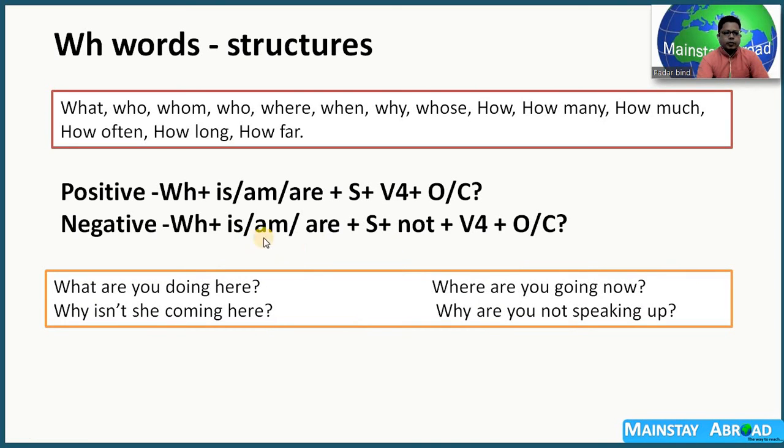Then in negative form, WH plus is, am, are, then subject plus not plus V4 plus object or complement. Examples: what are you doing here, where are you going now, why isn't she coming here, why are you not speaking up. So in this way we can create WH questions. This is a small idea I wanted to share with all of you.